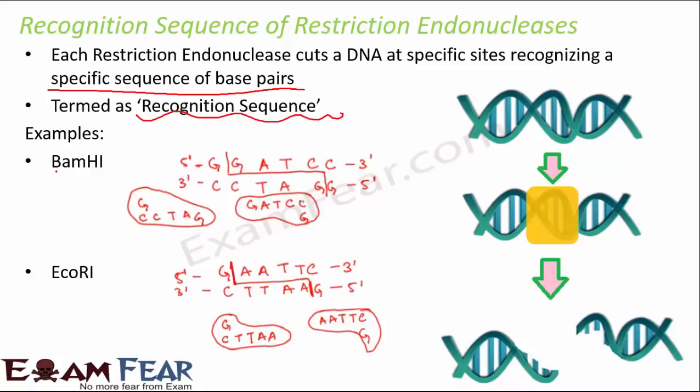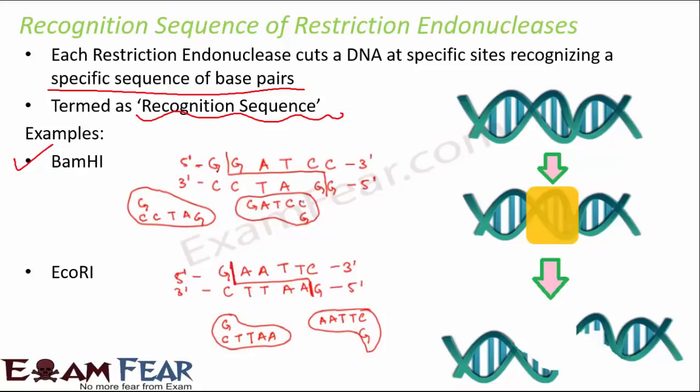For example, let's talk about some restriction endonuclease enzymes. One enzyme is BamHI. This enzyme always looks for a specific sequence. If it finds that sequence, then it breaks the bond between GG, that is between two guanines.